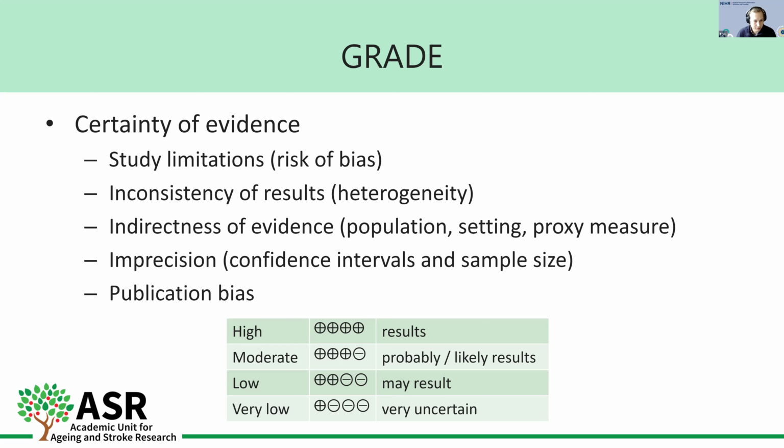And you end up with a rating of high, moderate, low, or very low. And if you think of those in terms of those plain language statements of it results, it probably or likely results, it may result, or it's very uncertain, then I think that's a useful way of interpreting the output from a systematic review.